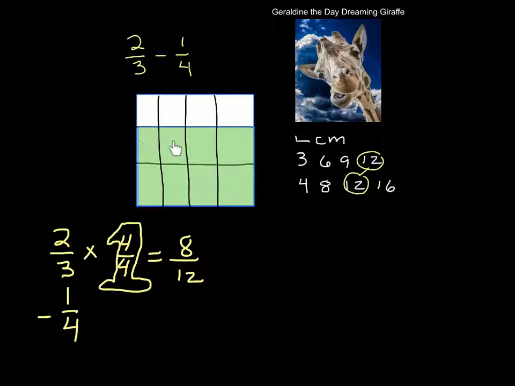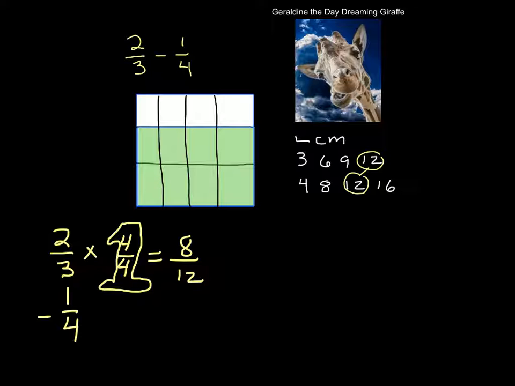I've got 1, 2, 3, 4, 5, 6, 7, 8 out of 9, 10, 11, 12. So this whole box has 12 in it, which is our denominator. It tells us how many parts the box is broken into. In this case, it's representing the day that Geraldine is daydreaming away, right? So there's 8/12 of the day left, right?